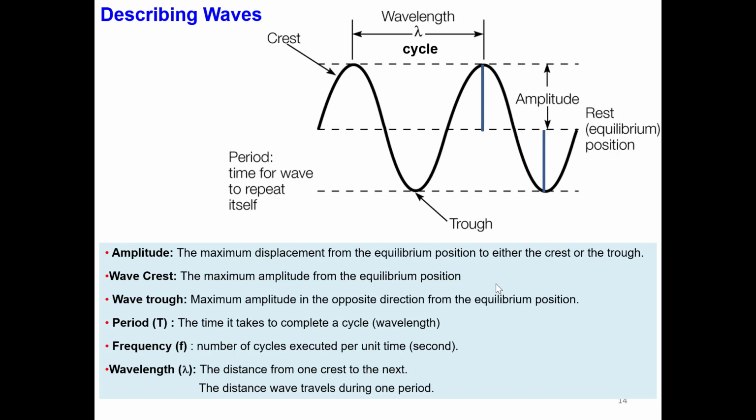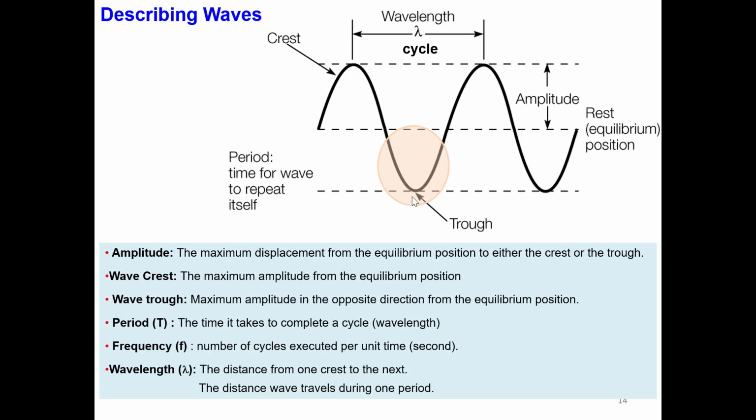Two new terms: the maximum amplitude from the equilibrium position is called the wave crest, this one. If the maximum amplitude is in the opposite direction, then this part we call the wave trough. Yes, the trough is this part.